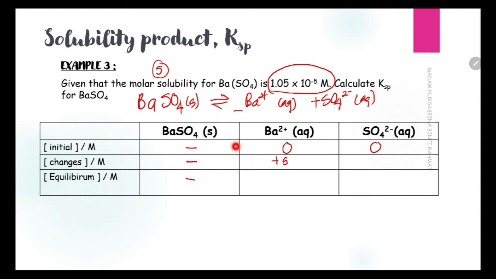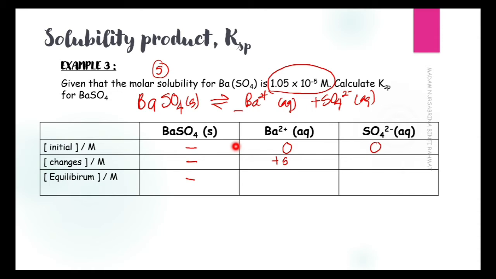Instead of using X for changes like in the other ICE table examples in chapter 6 and chapter 7, for solubility product we use changes in terms of S. It's the same technique and concept as X. If it's 1 mole of the compound, it's 1S.